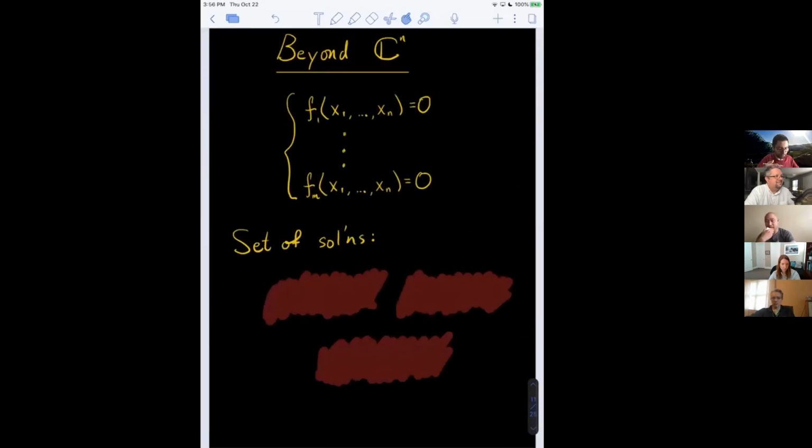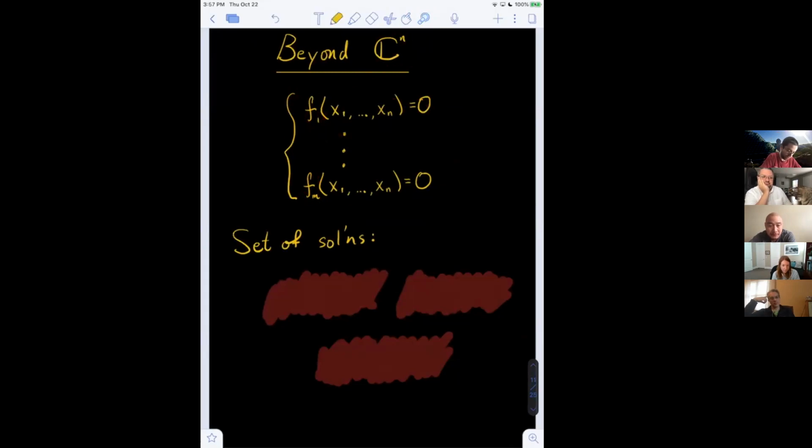All right, so we've talked about a lot of the algebraic geometry of C^n, maps from C^n to itself. So let's talk about what algebraic geometry is really about. It's not just about C^n, about n-tuples of complex numbers. It's about solutions to systems of polynomial equations. So suppose I'm given m equations in n unknowns.